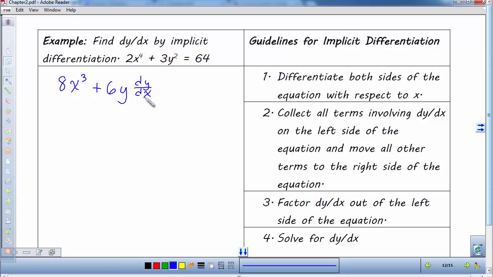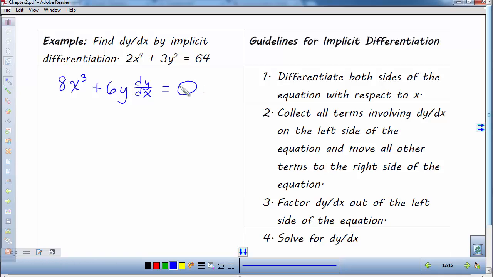Since y, again, is a function, I need to take the derivative of y. It's inside of that square. And so the way that I indicate that derivative is by saying dy dx. Okay, and then the derivative of 64, since 64 is a constant, is just 0.